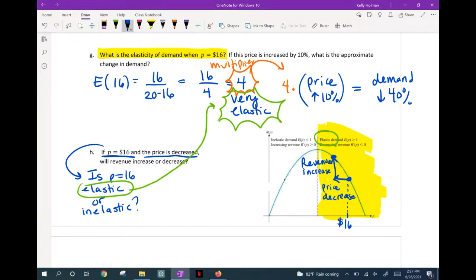If the price decreases, the demand is going to increase by a lot, right? So if the price decreased by 10%, let's just say instead of increasing, we were decreasing, the demand's going to increase 40%. So even though you're selling them for less, you're going to sell a whole bunch more of them. So that's going to raise your revenue.